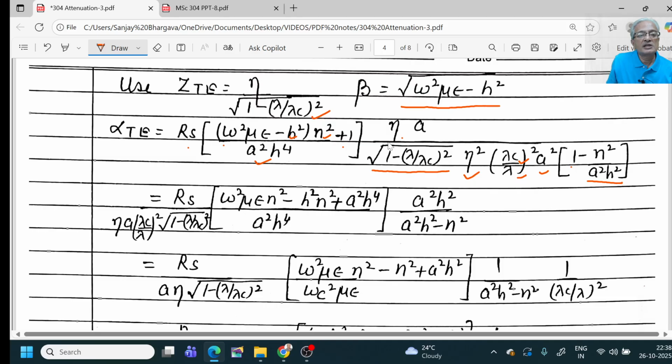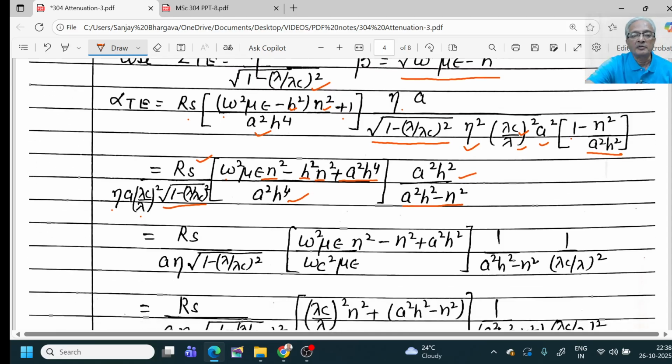Just simplify. It gives me R_s upon η a (λc/λ)² under root of 1 minus (λ/λc)², ω²με n² minus h² n² plus a² h⁴ upon a² h⁴, (ha)² minus n².